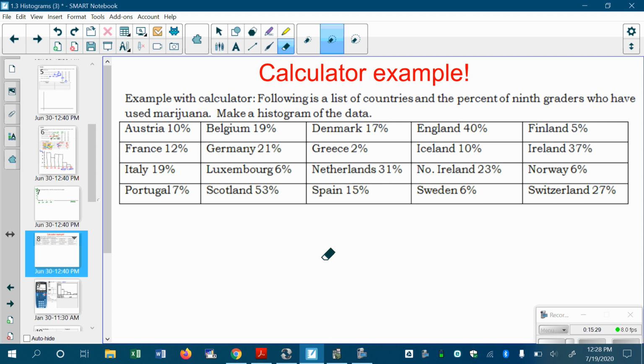The one variable is what percent of ninth graders have tried marijuana according to survey data. That is one thing, right? It's not like this column was marijuana and this column was something else and this column was something else, right? That is not what we're looking at here. It's all one variable. So it is presented in multiple columns on the piece of paper just to save space, okay? It all goes into list 1 on your calculator.